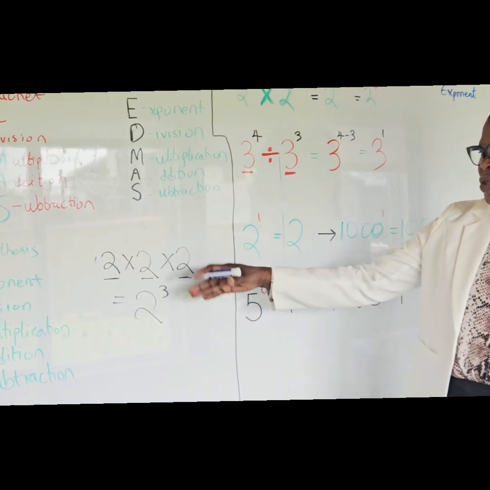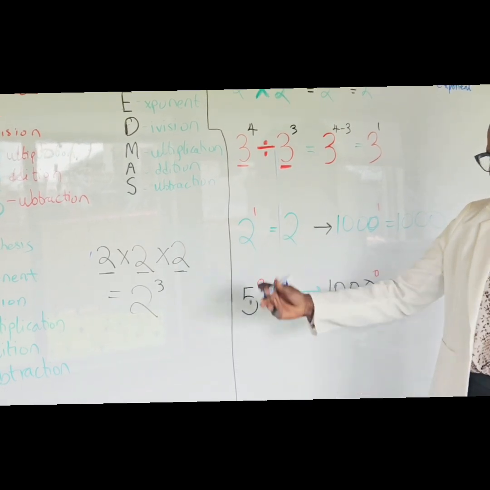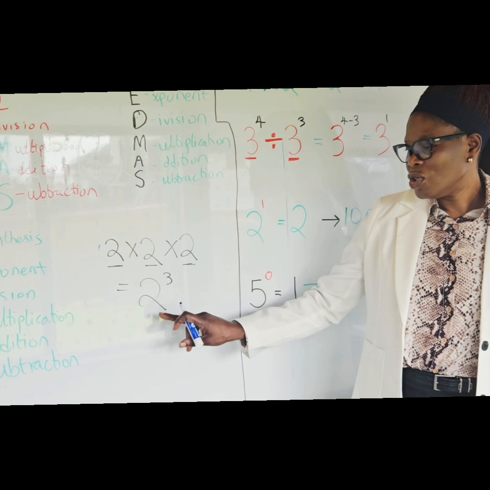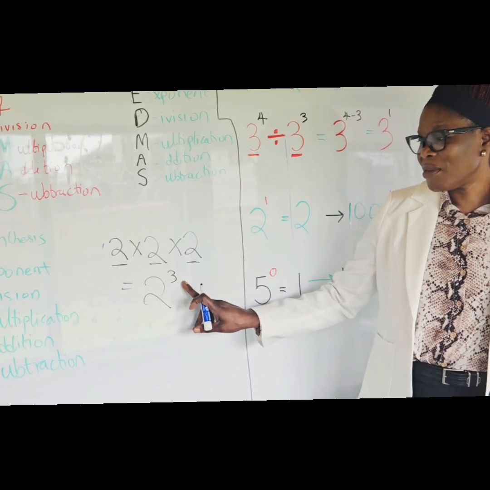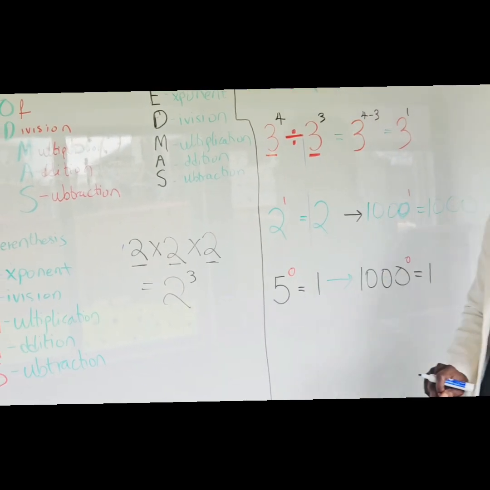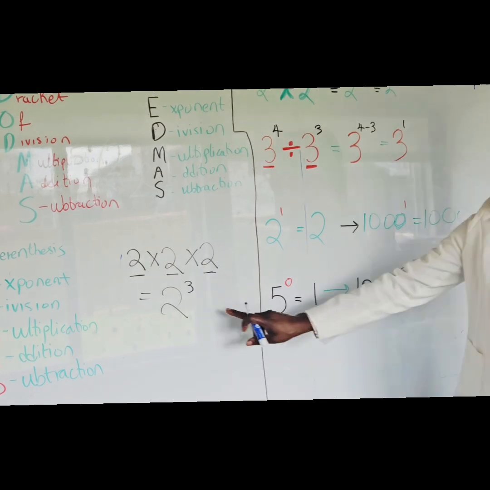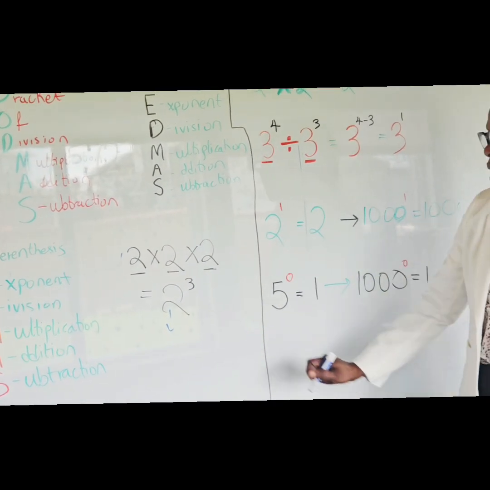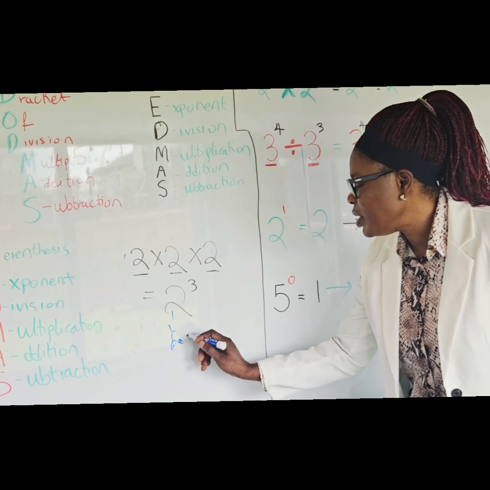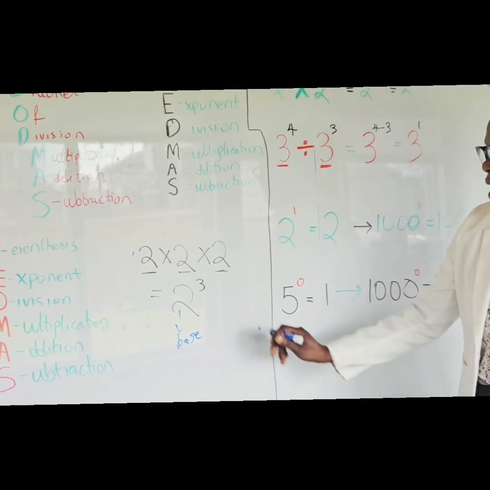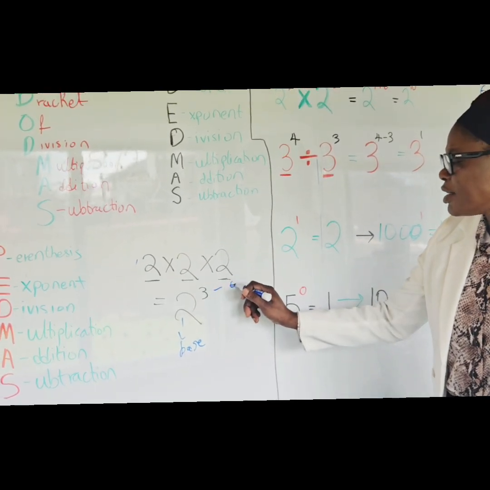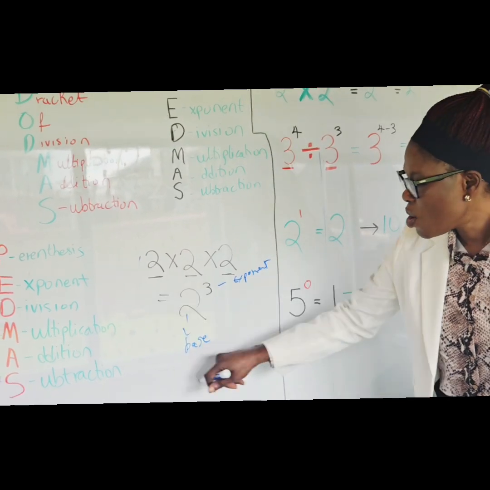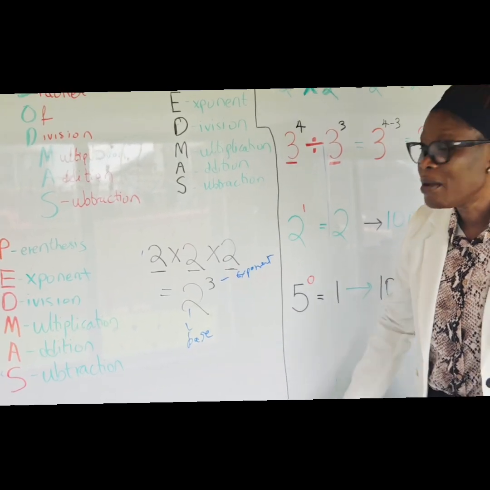Instead of repeating 2, 2, 2, I can simply write 2 to the power of 3. The 2, which is the number to be multiplied repeatedly, serves as my base. And this serves as the exponent. All of these together are my power.